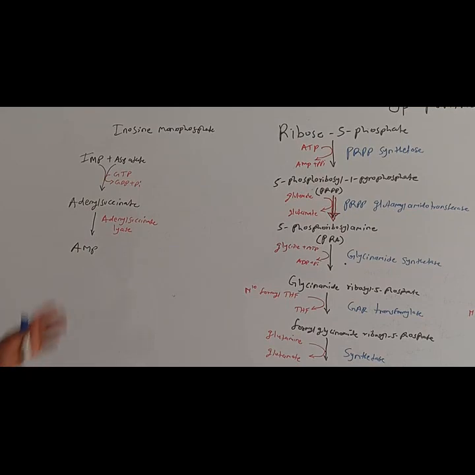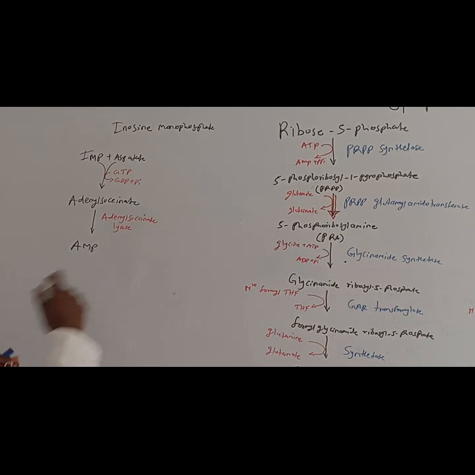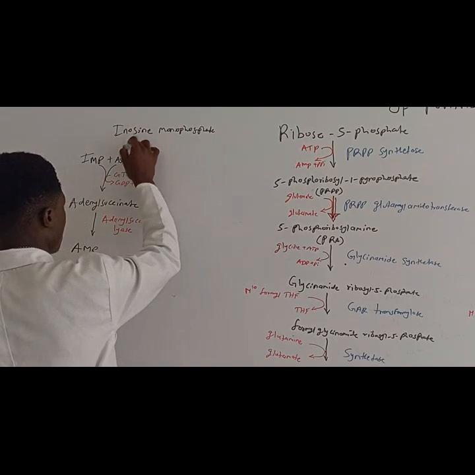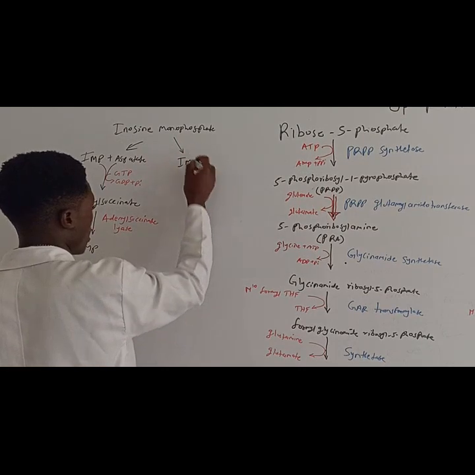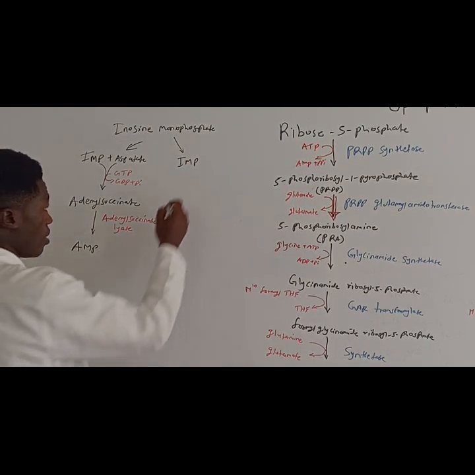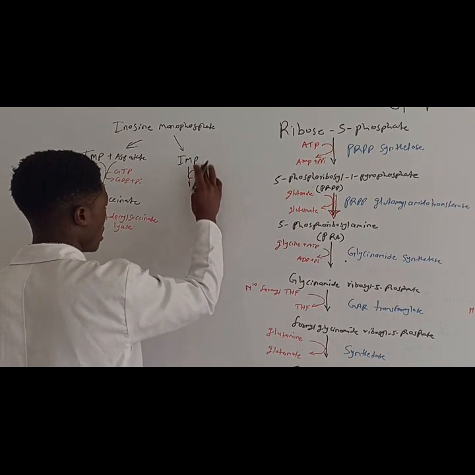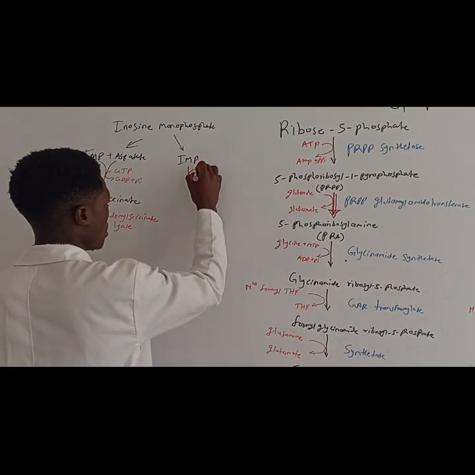Now let us also see how we are going to synthesize the GMP. So we can take inosine monophosphate. So you can take IMP. IMP is going to be acted upon by an enzyme that is going to involve conversion of NAD+. I'm going to have the NAD+.